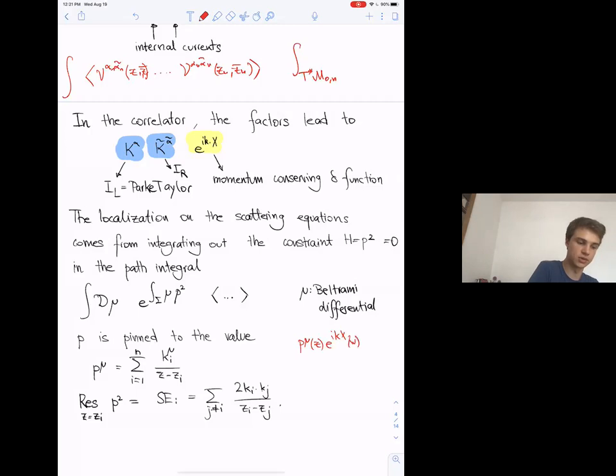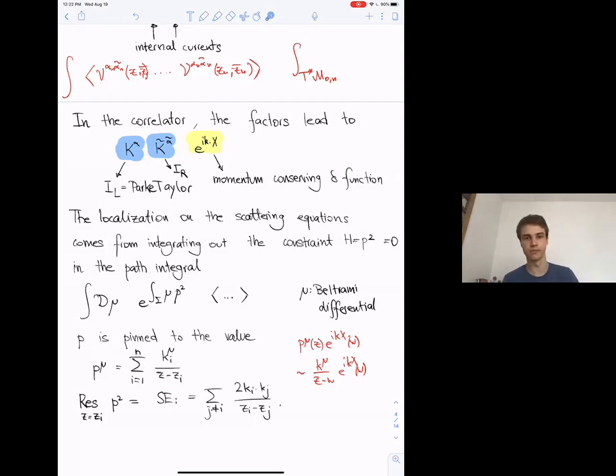It's just the usual OPE that you get. Here you get k mu over z minus w. So that means that you know all the residues of P here.